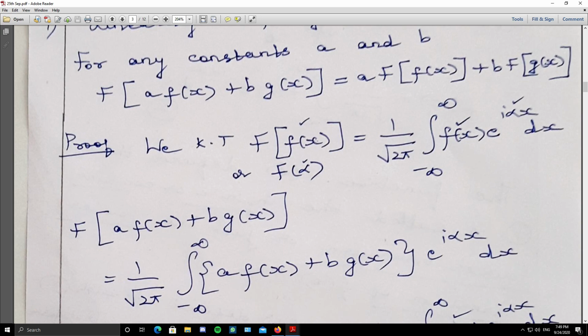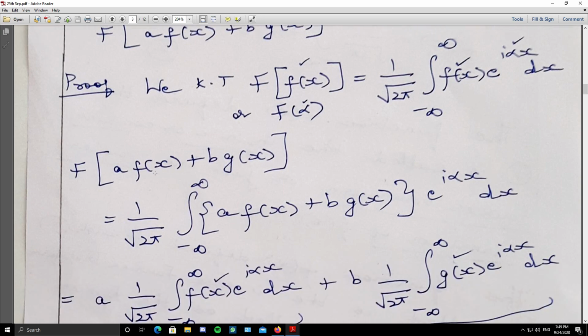So in place of f of x, you have a f of x plus b g of x. This is the definition of transform. So what the definition says: 1 by root of 2 pi integral minus infinity to infinity, in place of f of x, you have a f of x plus b g of x.